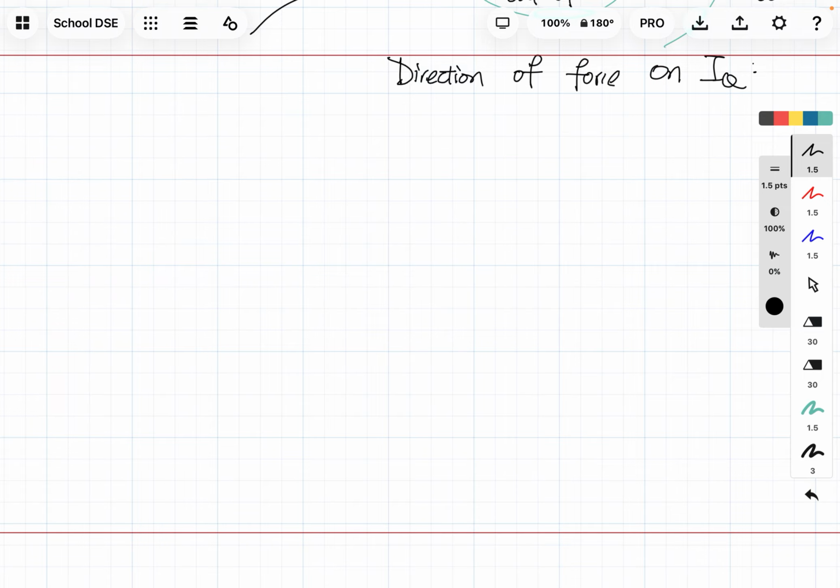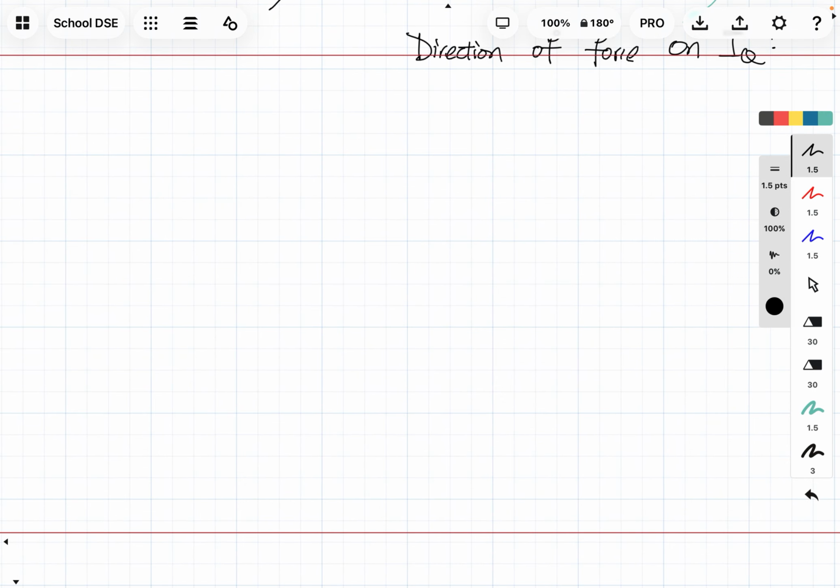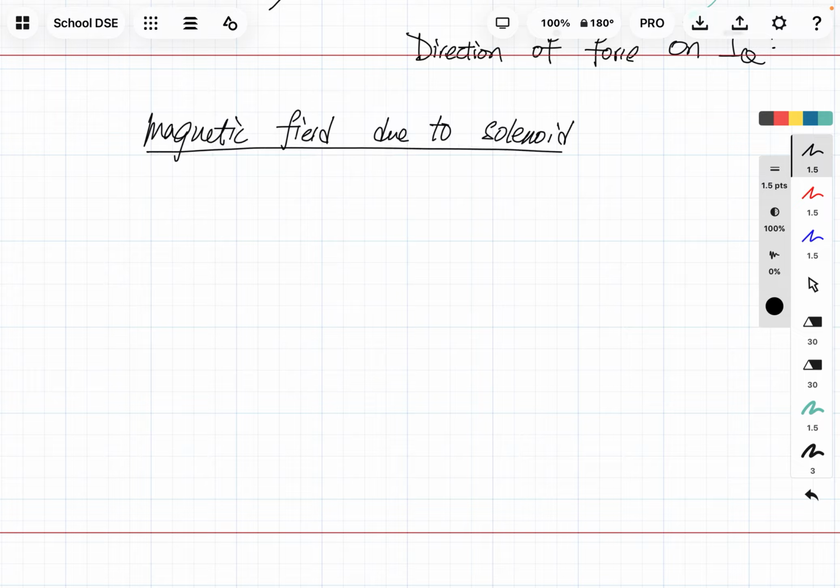In the past, I can't say this is so much unlike the DSE paper. This is so much what people will do in the tuition center. They try to make a very, very difficult question to destroy your confidence so that you pay more money to buy the lesson.